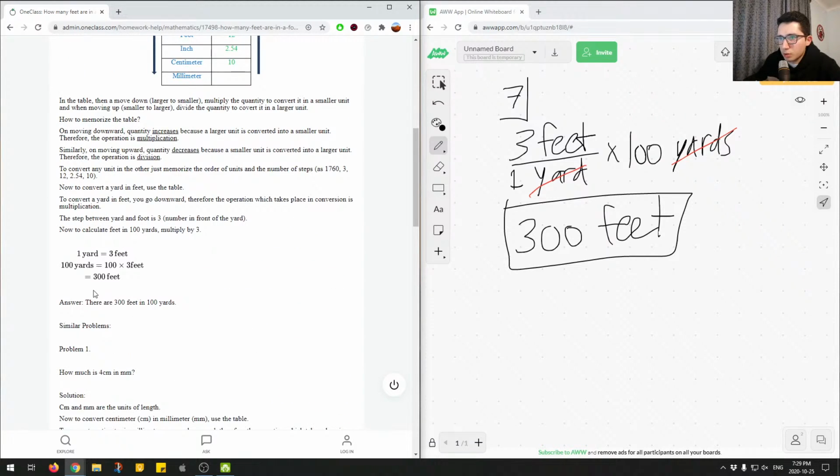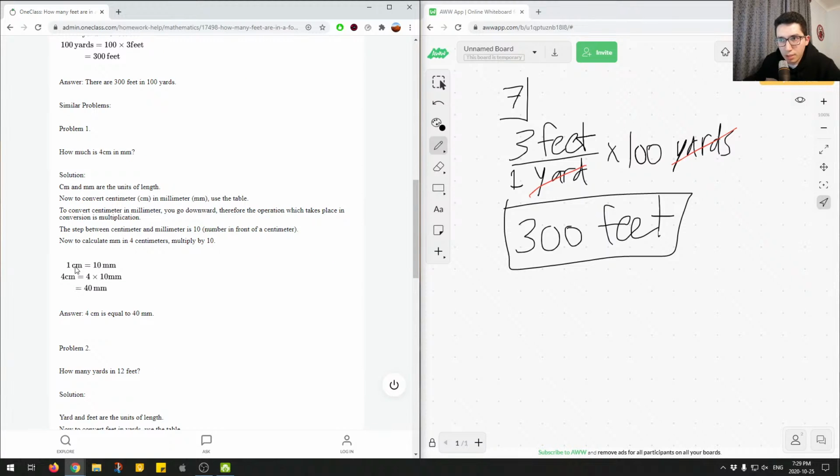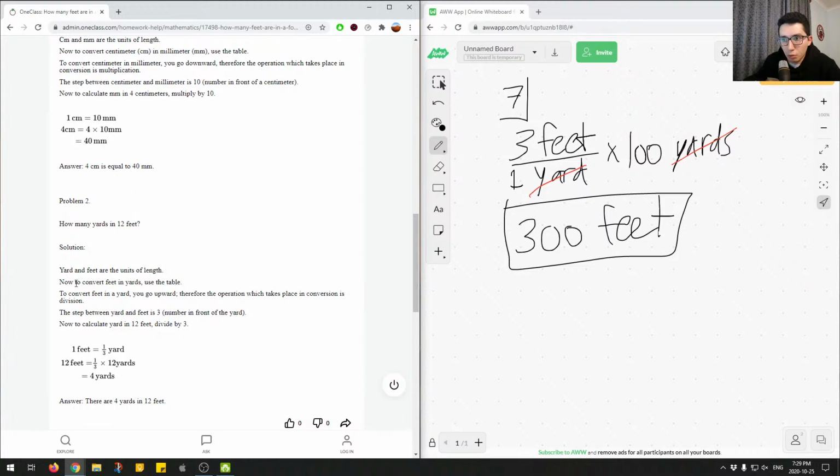So they provide the correct answer over here. They also give some examples here for similar problems. So how much is 4 centimeters in millimeters? Using a conversion factor of 1 centimeter is equal to 10 millimeters, if we multiply 4 centimeters by 10, we'd end up with 40 millimeters. And then they go through another example, how many yards are in 12 feet.